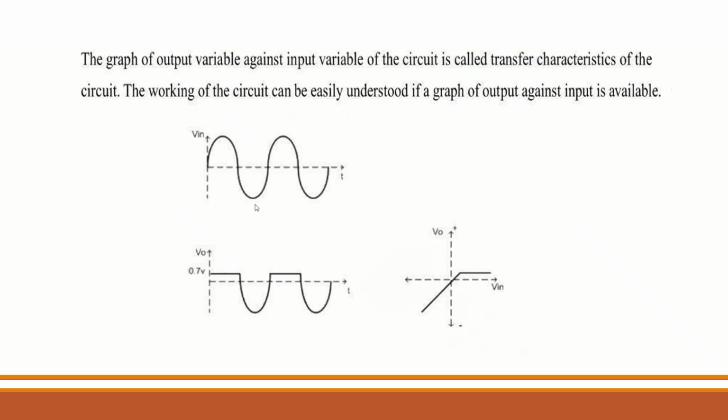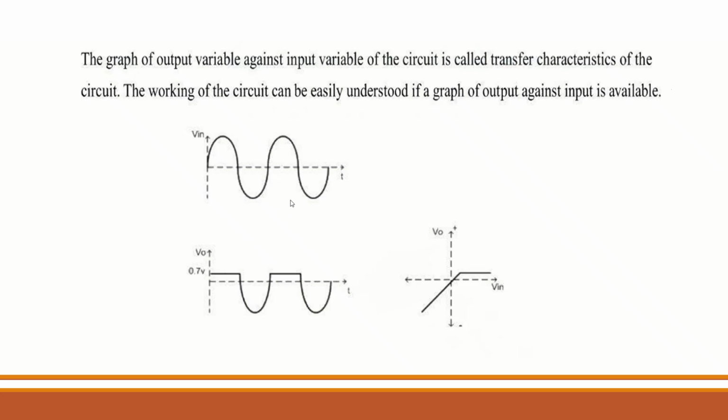For the above figure, the input voltage is a sinusoidal signal, that is a varying signal, and the output is a positive clipped waveform. The positive half portion of the signal is removed or sliced. When a sinusoidal signal passes through a positive clipping circuit, the output waveform will appear like this.